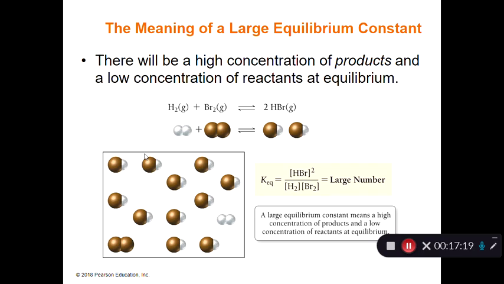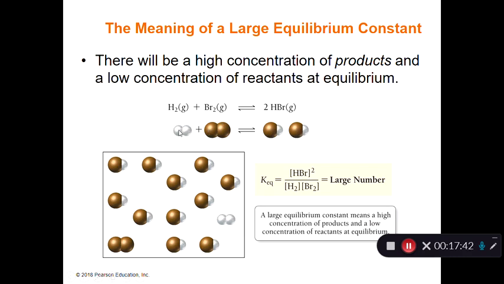If we have this reaction, hydrogen and bromine make HBr. If we calculate that, we will see we have a large number. How do we find a large number? Please look at this notation.